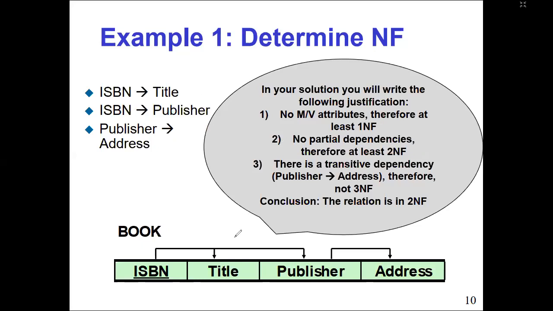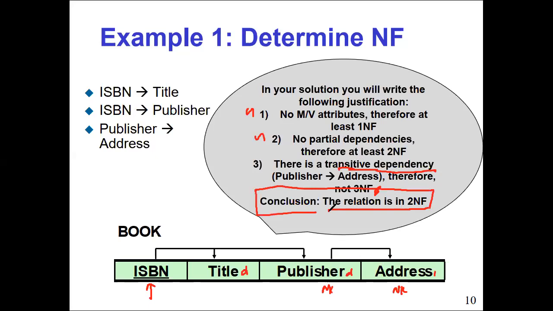Okay, now you can see this is directly depending, indirectly depending. So first normal form, I don't have any composite attribute, so no partial dependency, so it is at least in second normal form. Now you can see this non-key is depending on another non-key, so this is not 3NF because transitive dependency is there.